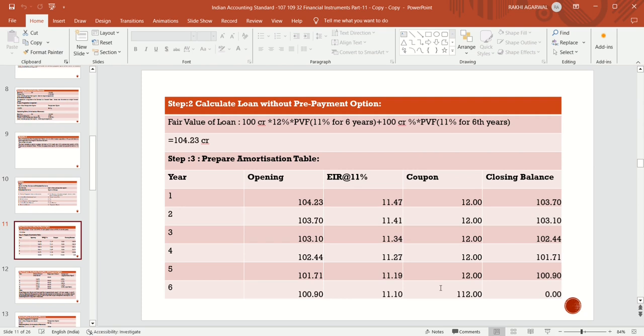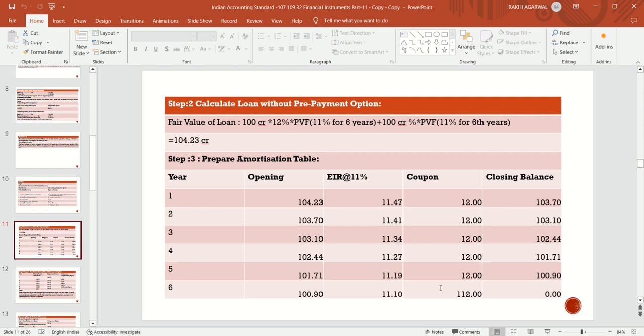So if we discount the 12 crore coupon and the 100 crore principal using the present value factor for 11% for 6 years, it becomes 104.23 crores.